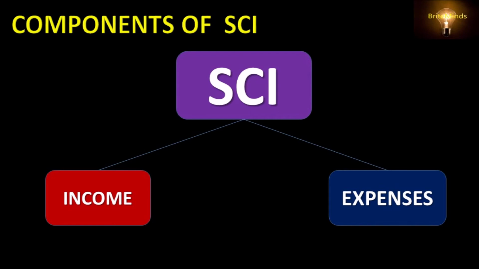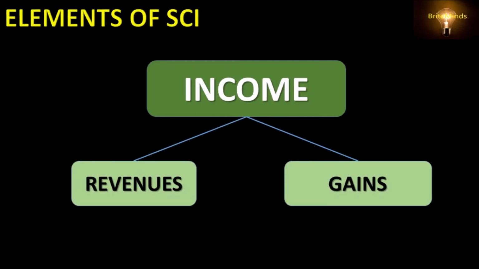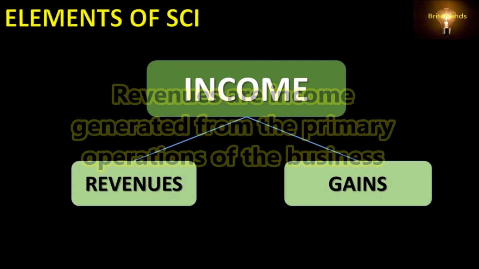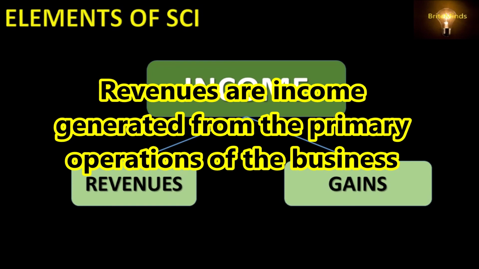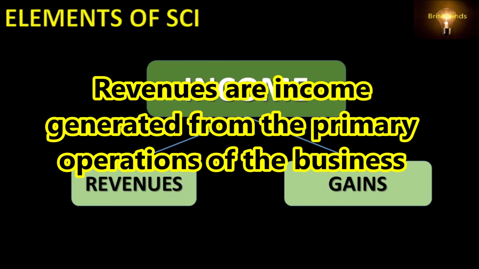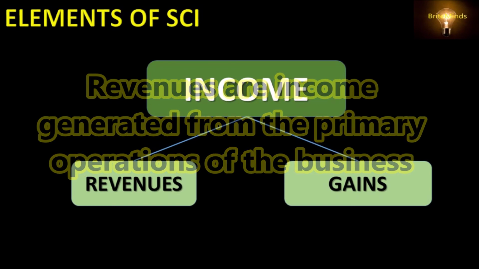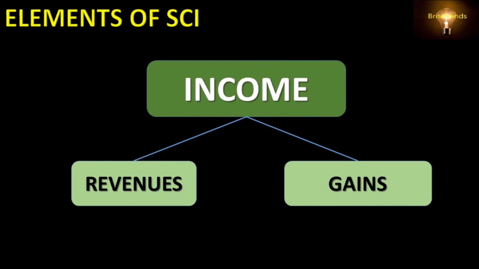There are two kinds of income: revenues and gains. Revenues are income generated from the primary operations of the business. We can say that it is revenue because it is generated from the primary operation. For example, the sales of merchandise.